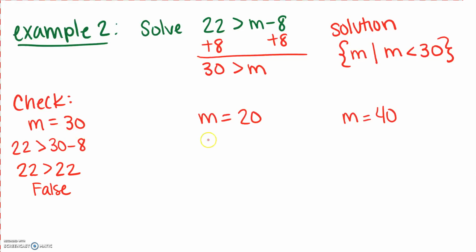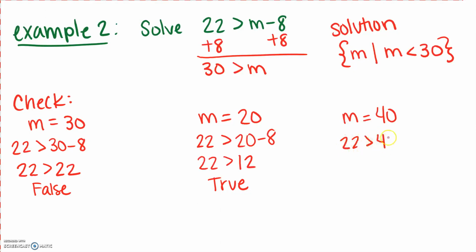So if we do 20, we have 22 greater than 20 minus 8, and 20 minus 8 gives us 12. 22 is greater than 12, so that one is true. And if we choose 40 to be our m, we have 22 greater than 40 minus 8, and 40 minus 8 is 32. 22 is not greater than 32, so that is false.